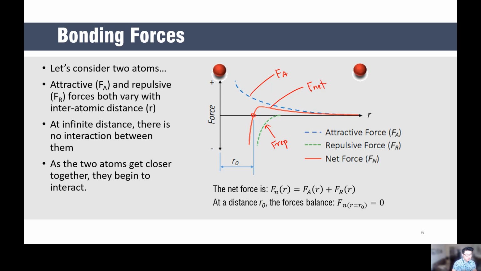This particular point at which the attraction and the repulsion are canceling each other, we have a net force of 0.